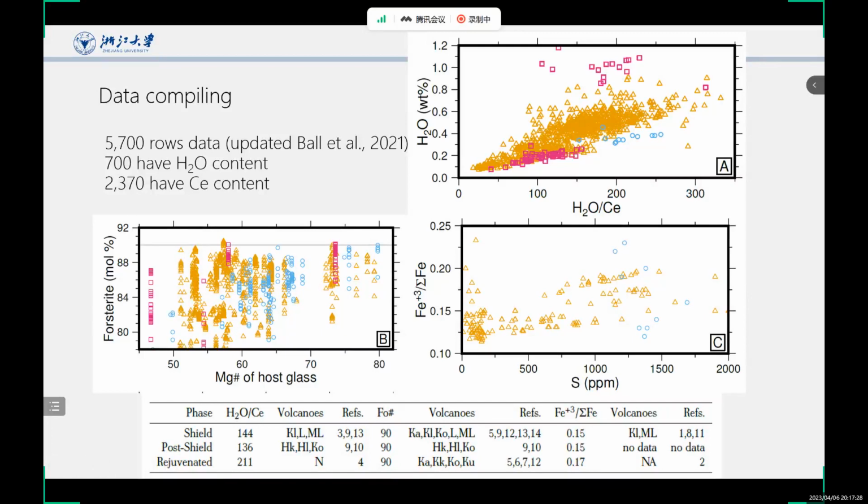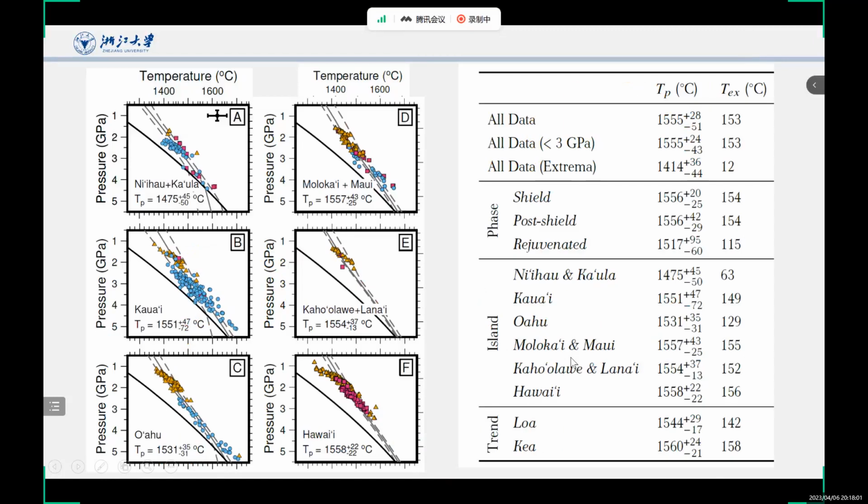And for the post-shield, they didn't have the data. You can see from this red corner figure, they didn't have the red data, the post-shield data, and they just use the shield data. And for other data like the rejuvenated phase, they use the mean Fe3+/total iron ratio, and therefore they can calculate the potential temperature of the different phases.